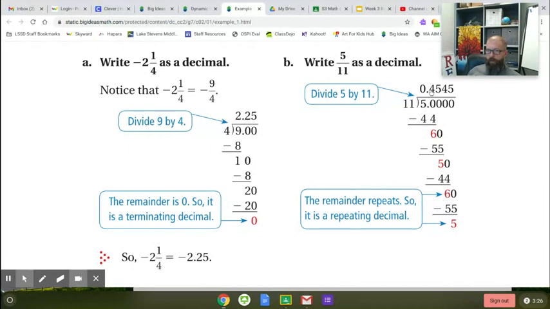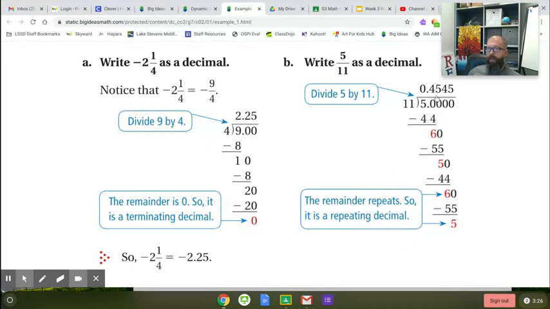Okay, so 4 times. Then you multiply, you get 44. Subtract, you get 6. Bring down your 0. 11 goes into 65 5 times. 55. Subtract, bring down your 0. Goes into 54 times. And again, it's going to repeat over and over.